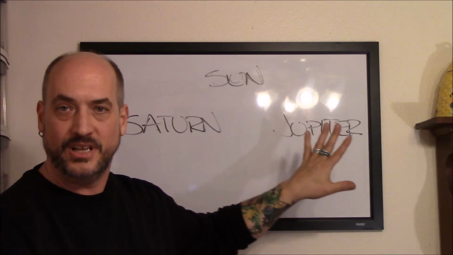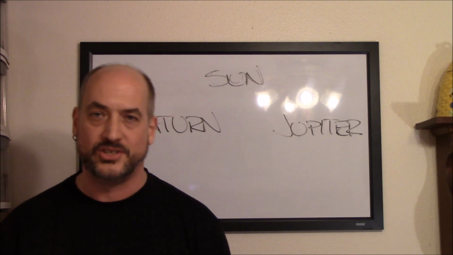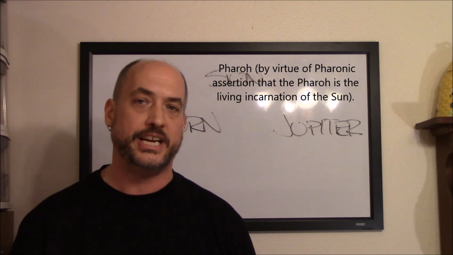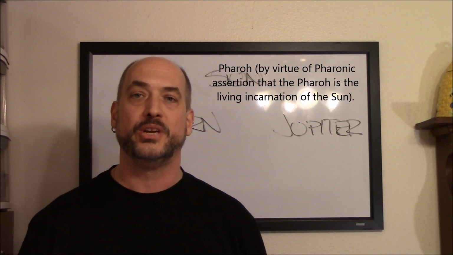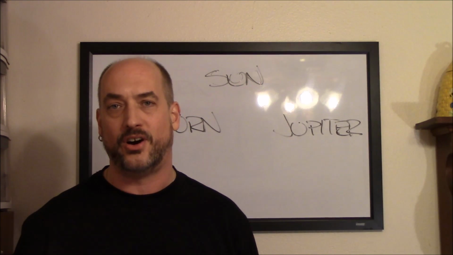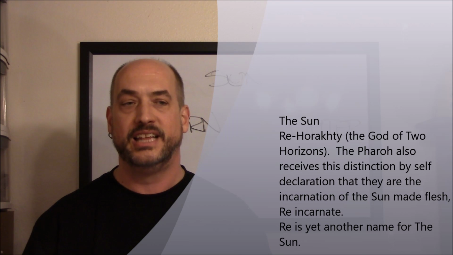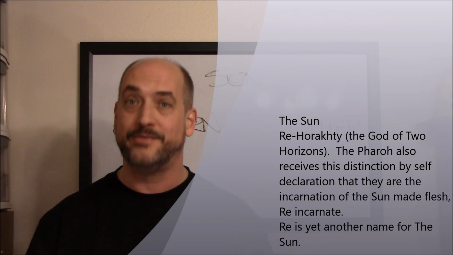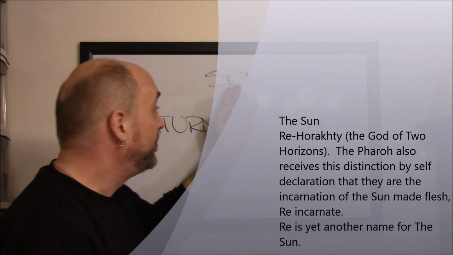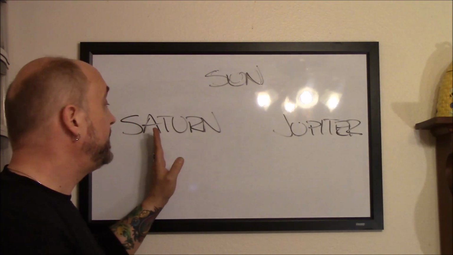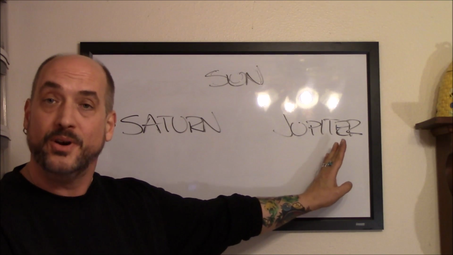These three people also represent Pharaoh being the sun, and we know that Pharaoh is the sun because the Pharaoh was the incarnation of the sun, of Re, living in flesh. So he was the morning and the evening star, Re Horakhty. He represents the one object that is constant, right, from morning till night, and then which rises again. So this being Pharaoh, we look here at Saturn and we determine Saturn then to be Moses, and Jupiter is likely Aaron.